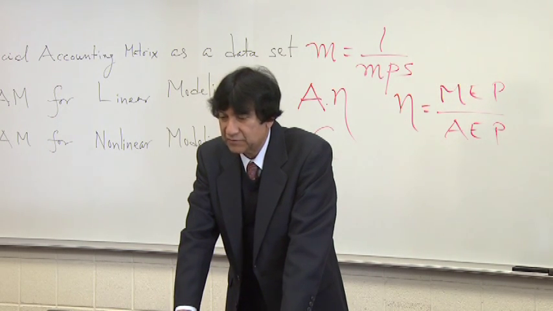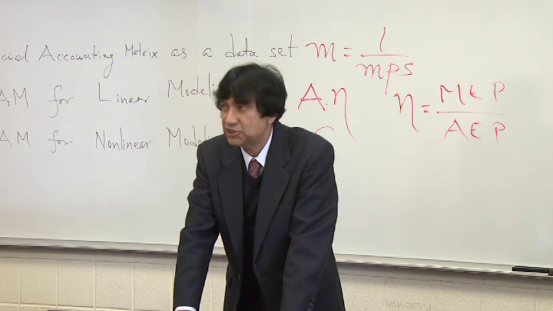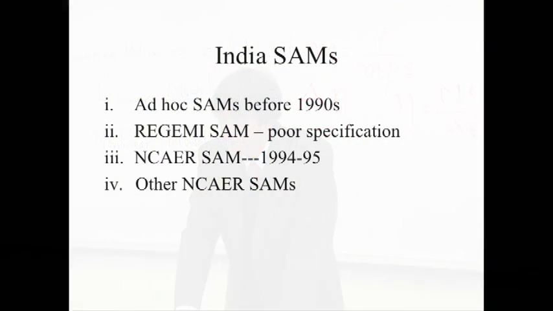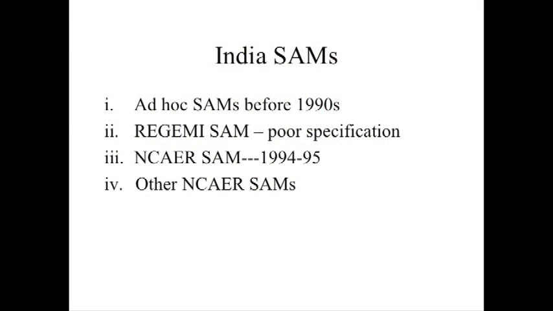In India, the history is more recent than in Indonesia. They had fairly ad hoc SAMs before the 1990s. There was one for some kind of energy project. That's item number 2, the REGEMI SAM. But the specification is very, very poor.